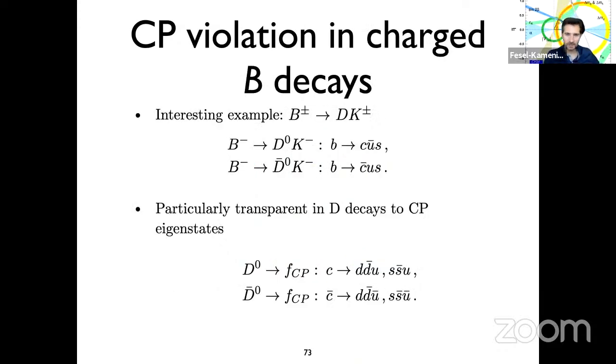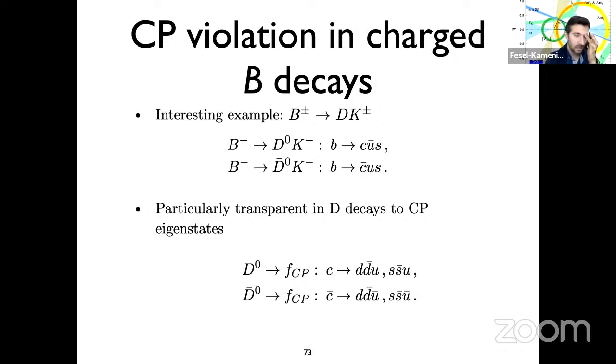And finally, a third class of measurements which are sensitive to CP-violating phases are actually measuring CP violation in charged B decays. In particular, I will discuss here the decays of B plus minus to D K plus minus.